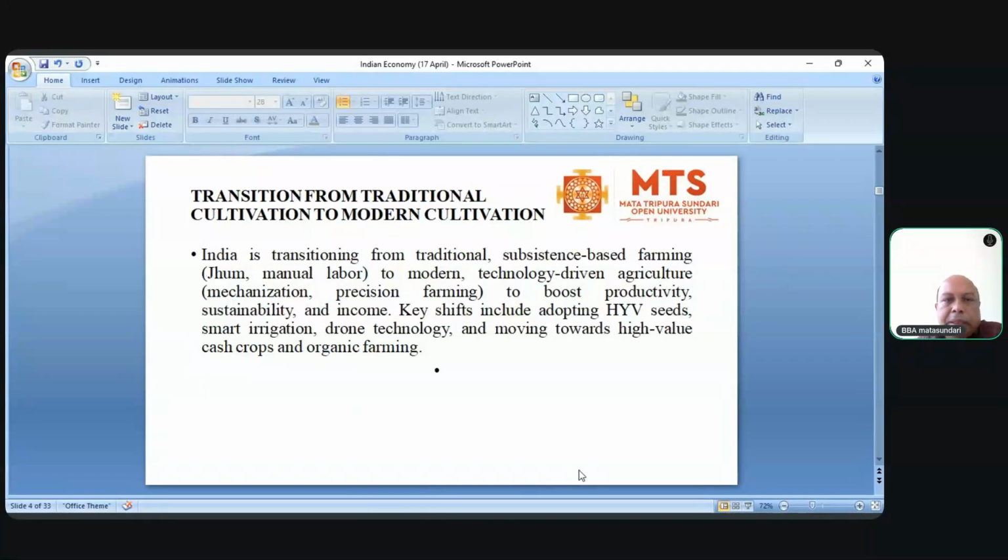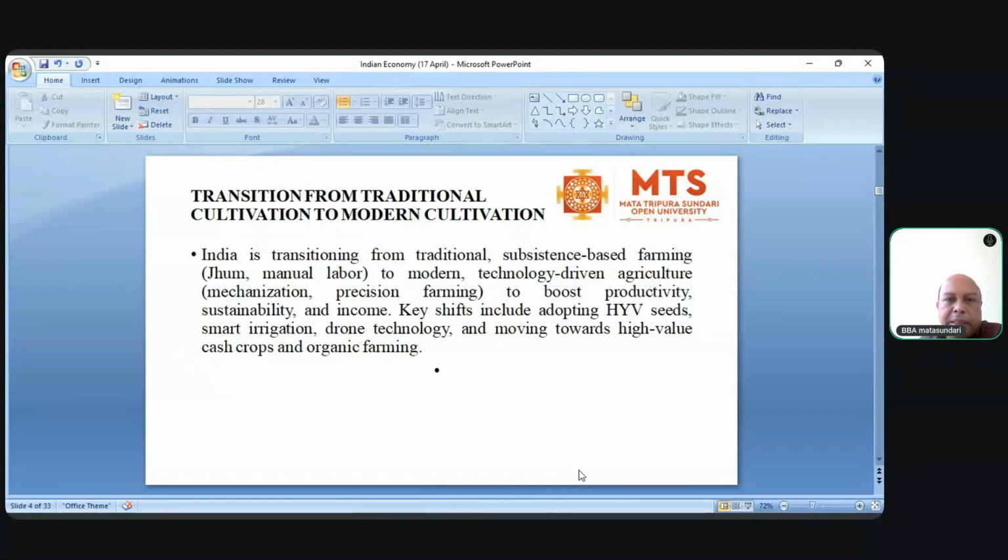Transition from traditional cultivation to modern cultivation. In India, the agricultural sector is changing frequently. Previously, agricultural sector meant a subsistence sector, subsistence farming.